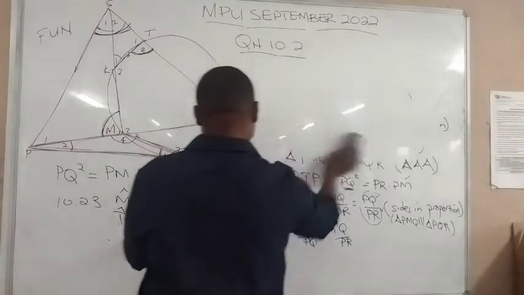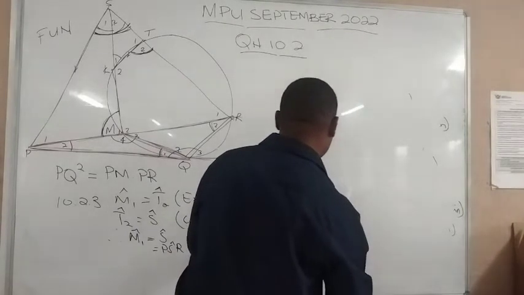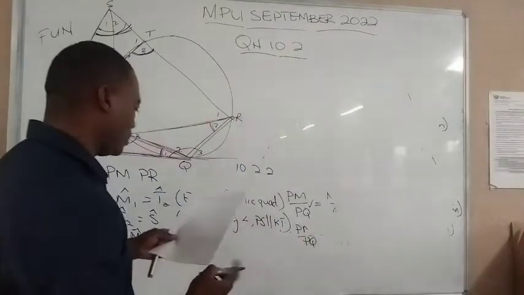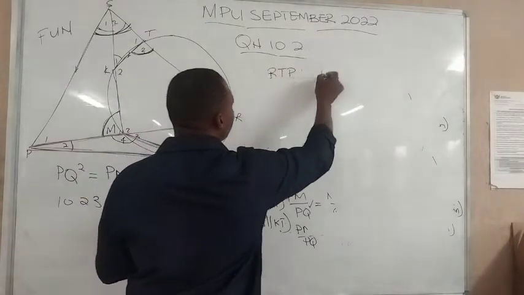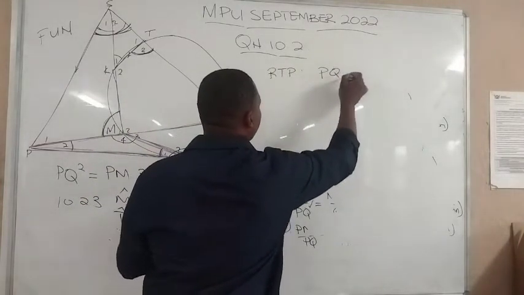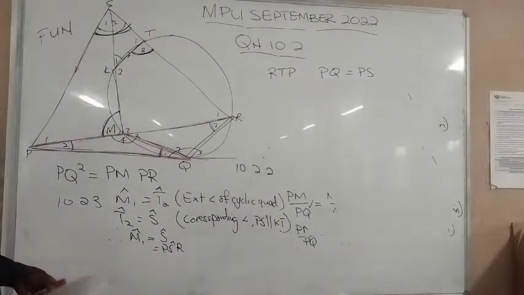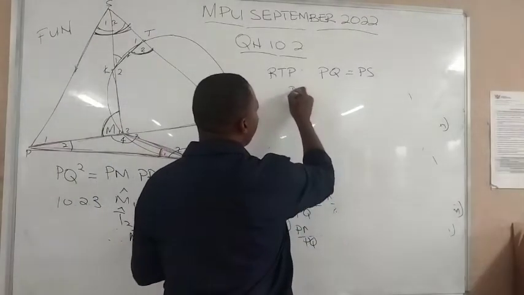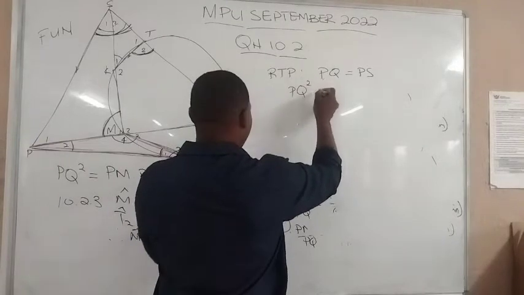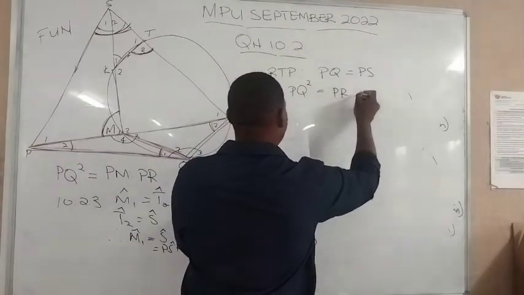Now 10.2.4, you are asked to prove or to show that PQ is equal to PS. You are required to prove that PQ is equal to PS. Now we notice that we have talked about PQ squared, which is equal to PR times PM.